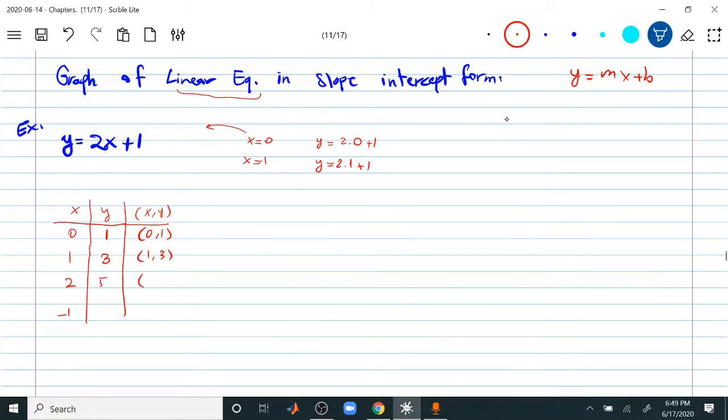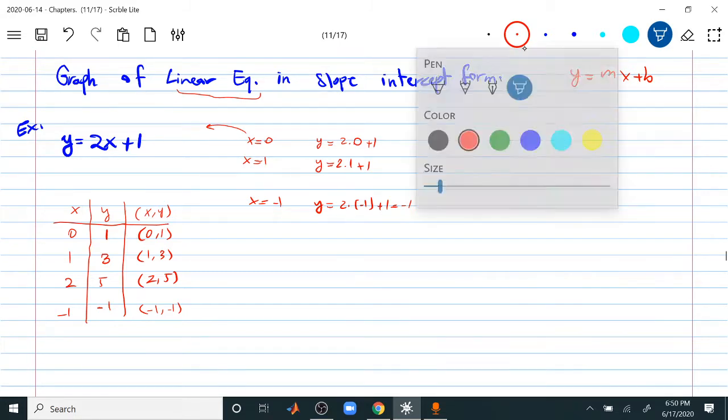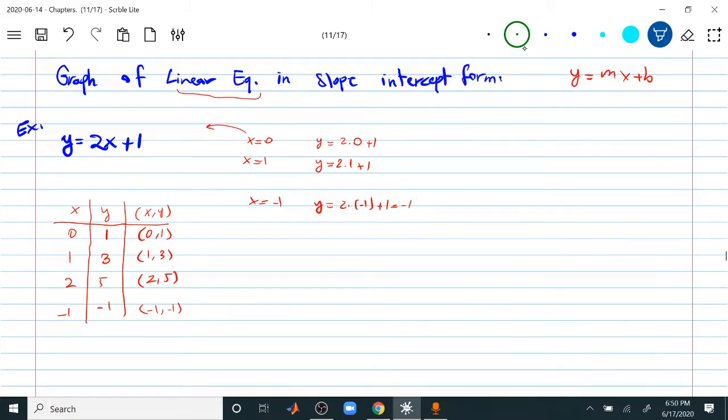You can continue. You'll get 5. And this would be -1 as well. Try to find these points by calculation. Replace x with -1, for example. You will get y equals 2 times -1 plus 1, which is simply -1. That's why we get -1 for y. So how do we graph it? Again, simply draw the coordinate system.